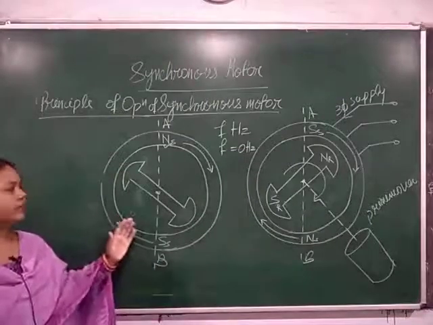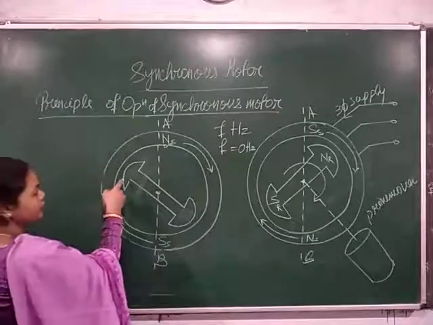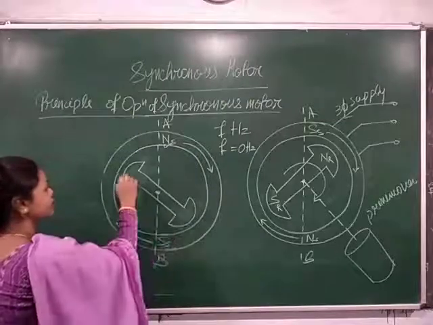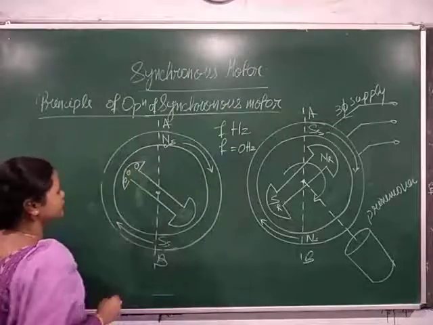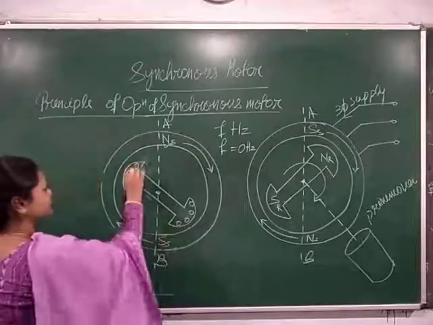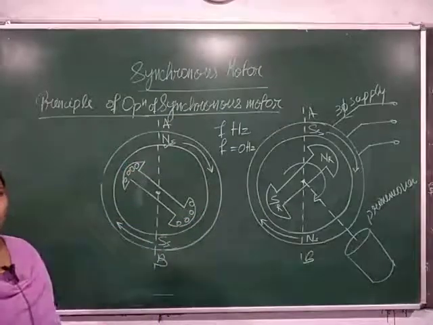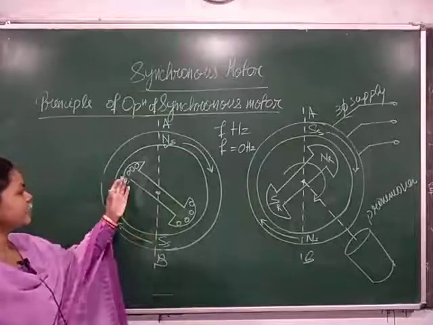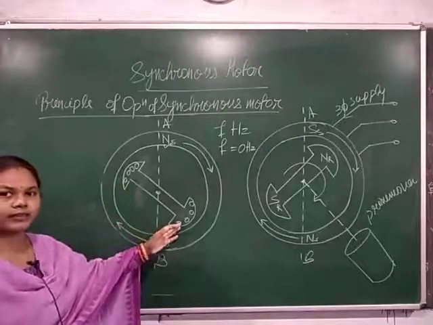In the damper winding method, the pole face of the rotor consists of damper windings, and they are short circuited by copper bars.